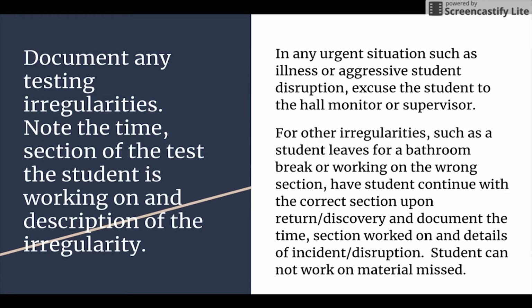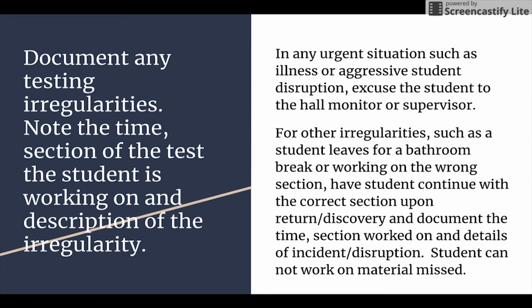All right, so here's the irregularity information. Document any testing irregularities. Note the time, the section of the test the student is working on, and a description of the irregularity. If there's an urgent situation, if somebody is sick or is really a disruption to the classroom, then please excuse the student to a hall monitor or supervisor.